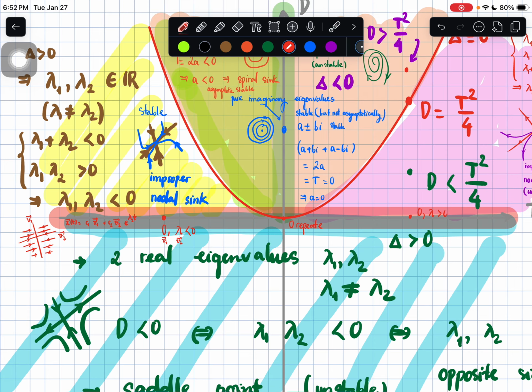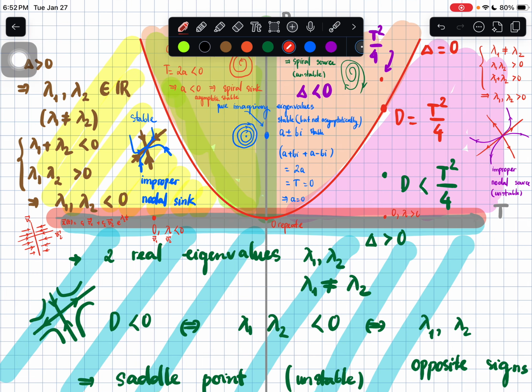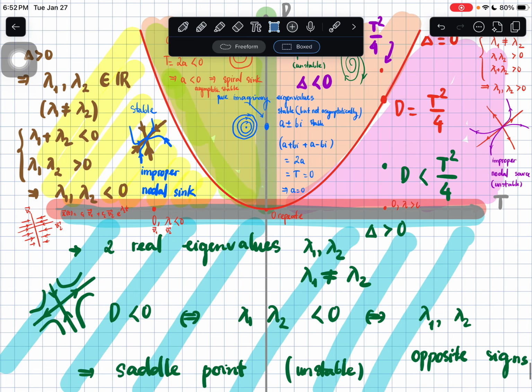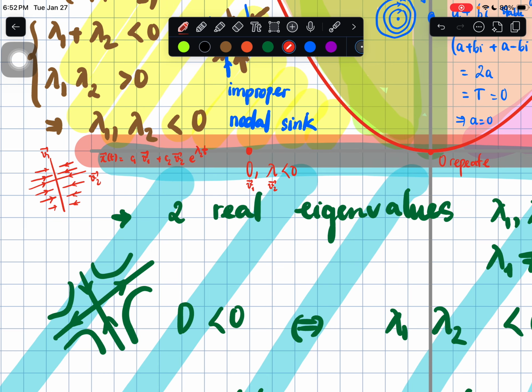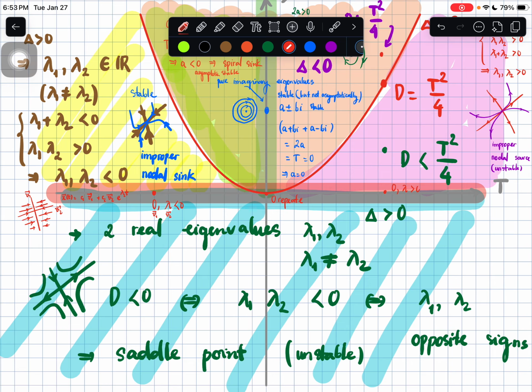It should be like that, but in the opposite direction. So this case is still a sink. It's still a sink to 0, but 0 now is not an isolated critical point anymore.